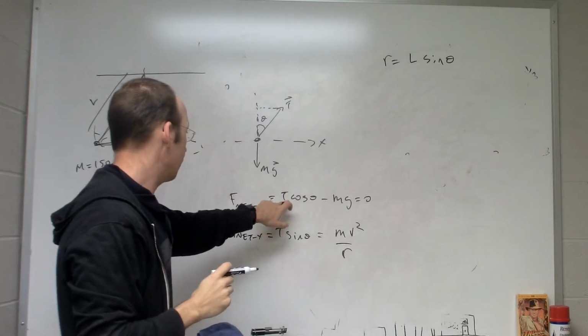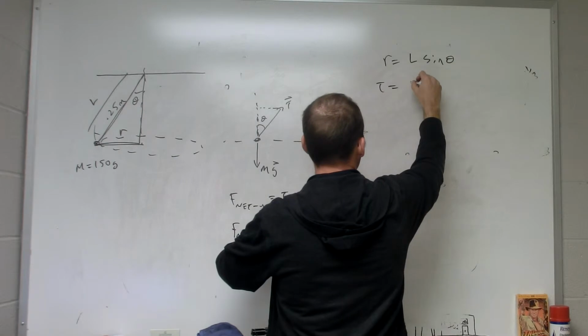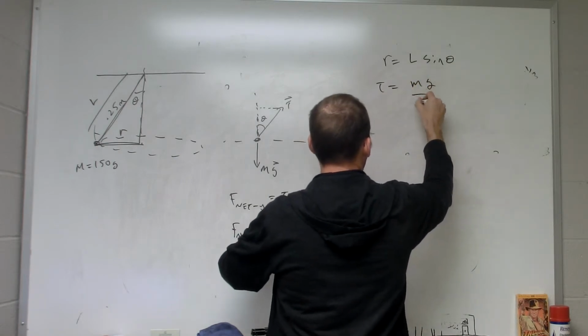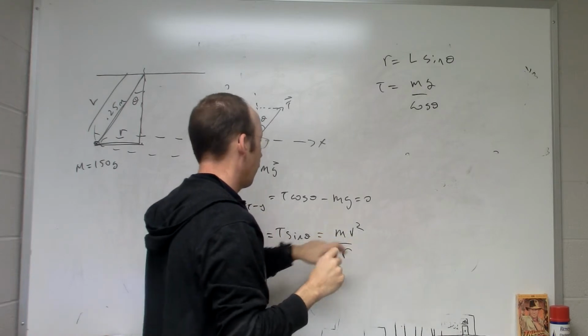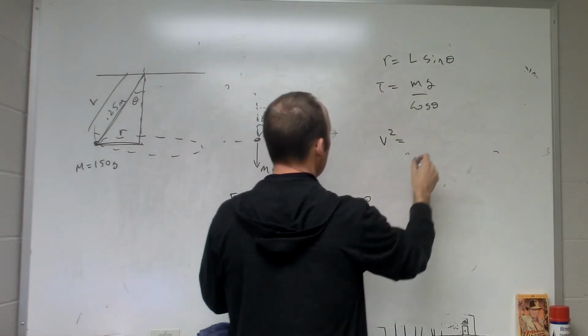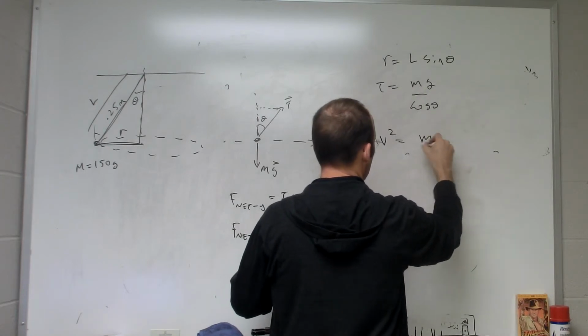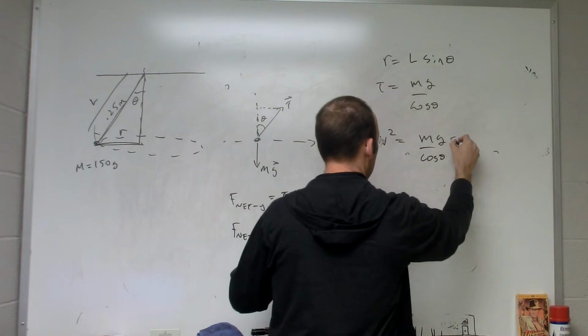So now let's solve this one for T. I get T equals mg over cosine theta. And I plug that in down here and solve for v squared. v squared is going to be equal to T, which is mg over cosine theta, times sine theta.